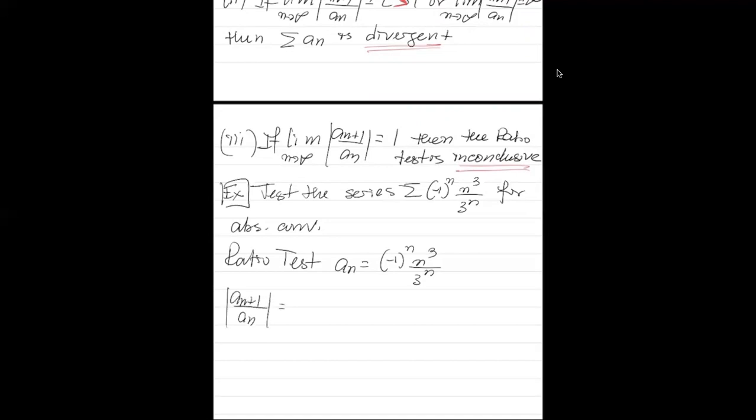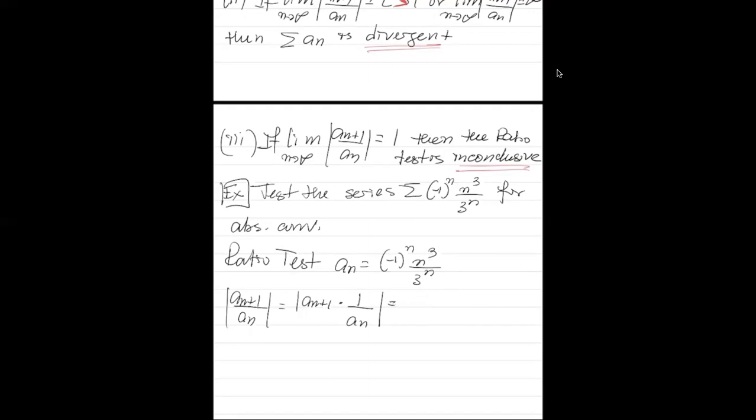Absolute value. So I'm going to actually divide them. We know what it means to divide. We multiply by the reciprocal. Oh, no, we have to do the n plus 1 term first.